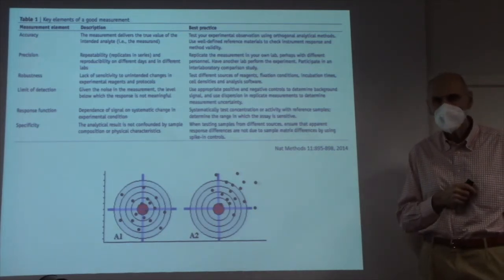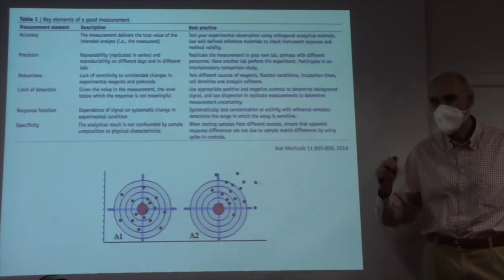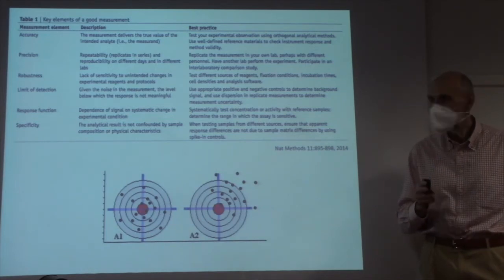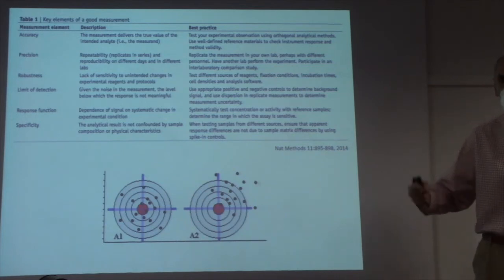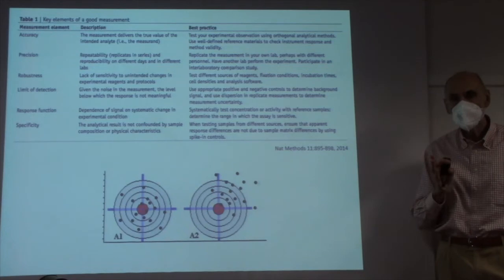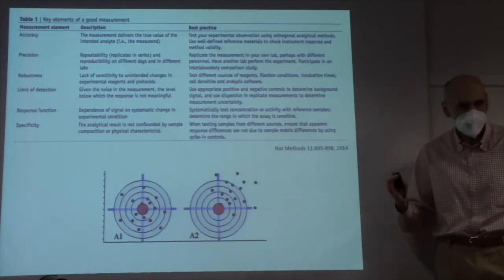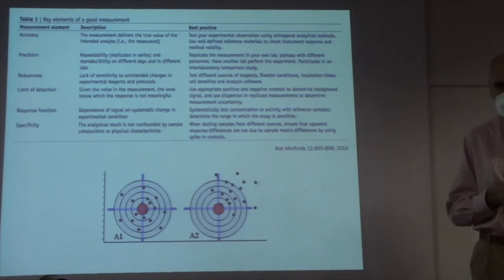This is what the so-called reference laboratories do. When you need to be accurate about something, you set reference laboratories in each country, for example, and they go periodically through inter-laboratory comparison studies and make sure that their measurements are as accurate as needed, or as precise as needed, compared with the others.